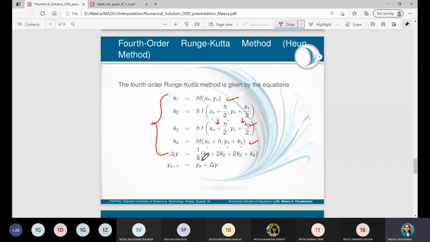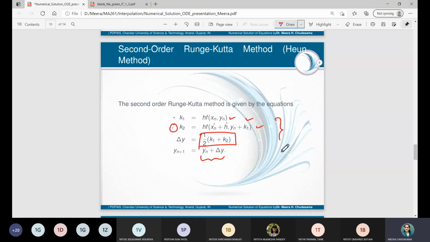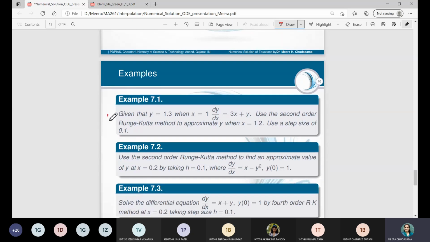Finally, delta y is given by 1 upon 6 times k1 plus 2k2 plus 2k3 plus k4, and the new y approximation is yn plus delta y. So this is the algorithm for fourth order, and the earlier one is for the second order Runge-Kutta method, right? We saw yesterday an example based on the second order Runge-Kutta method.